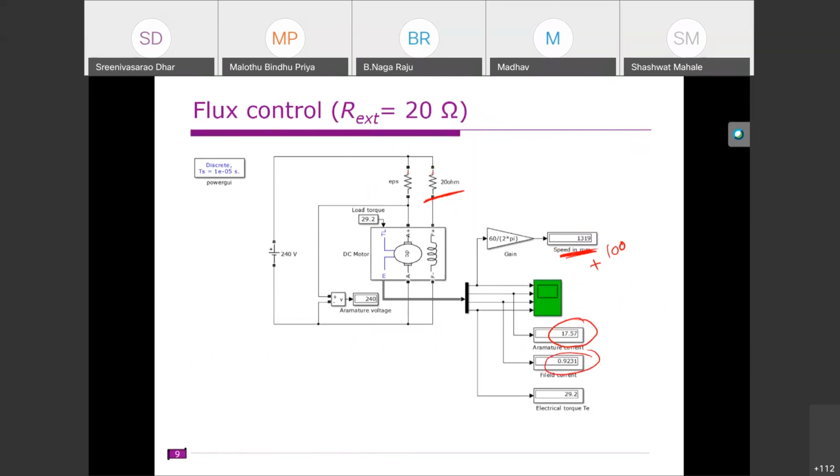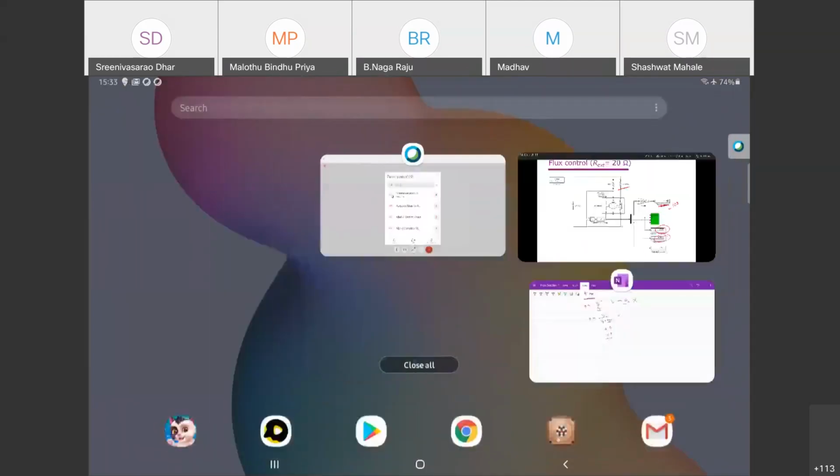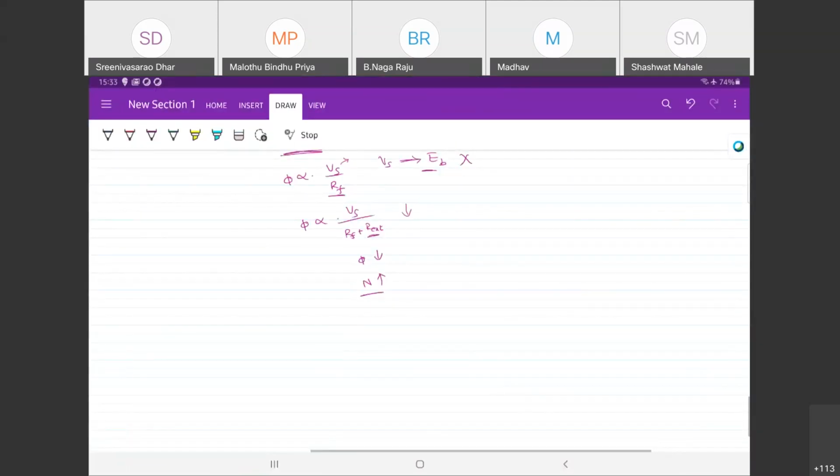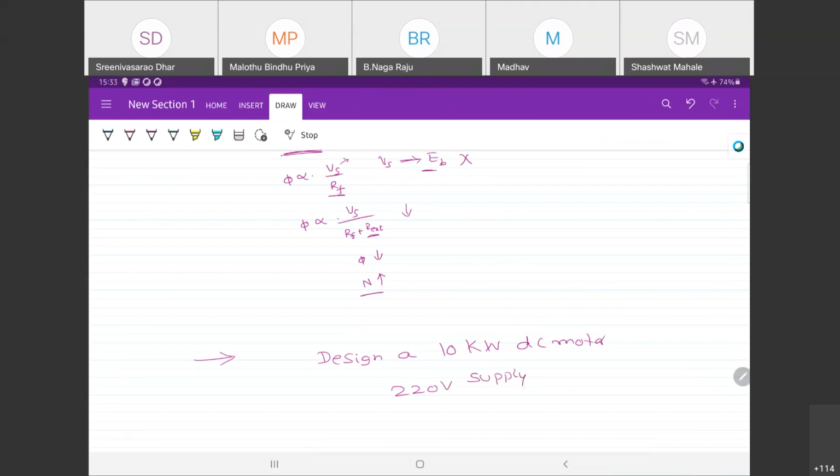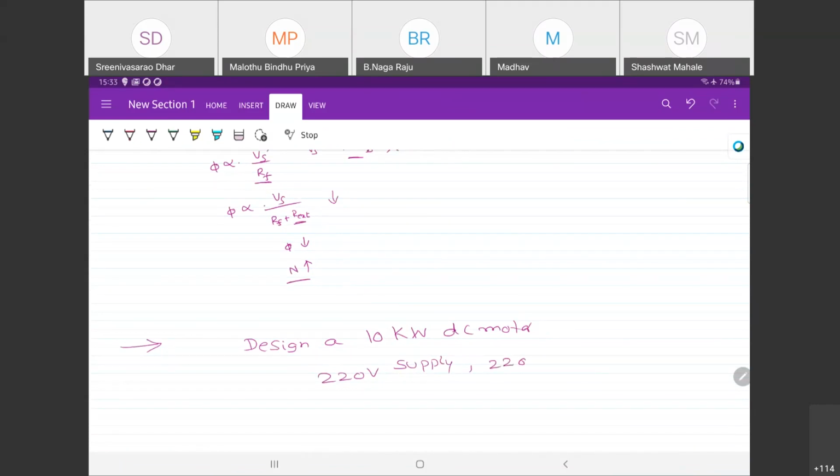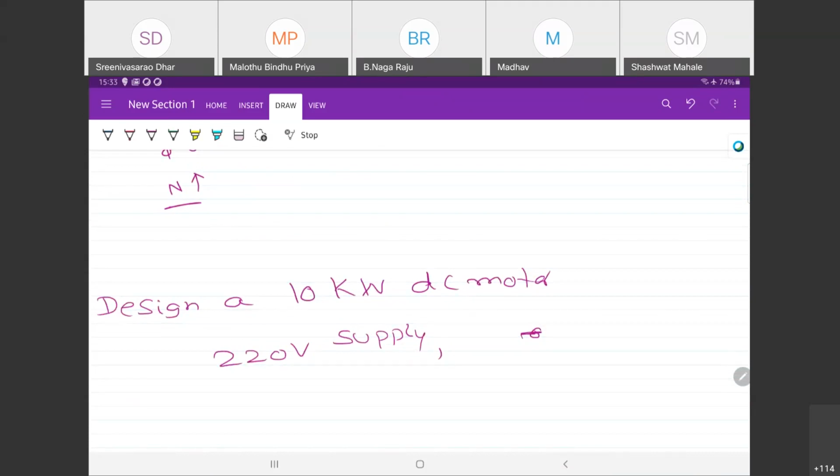So this is about the discussion. What we have to do in your experiment is you need to design a 10 kilowatt DC motor with a 220 volt supply, and its speed is 1500 RPM.